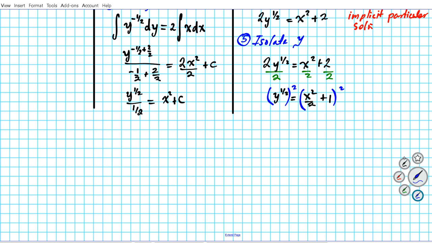And that will result in the isolation of y. So we have y equals the quantity x squared over 2 plus 1 raised to the second power. And this, ladies and gentlemen, is the explicit particular solution. This is the final answer that we're looking for.